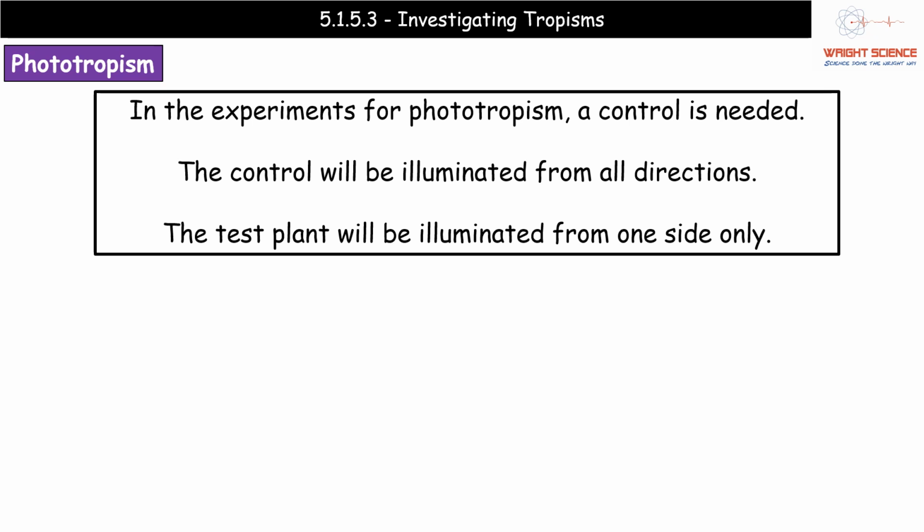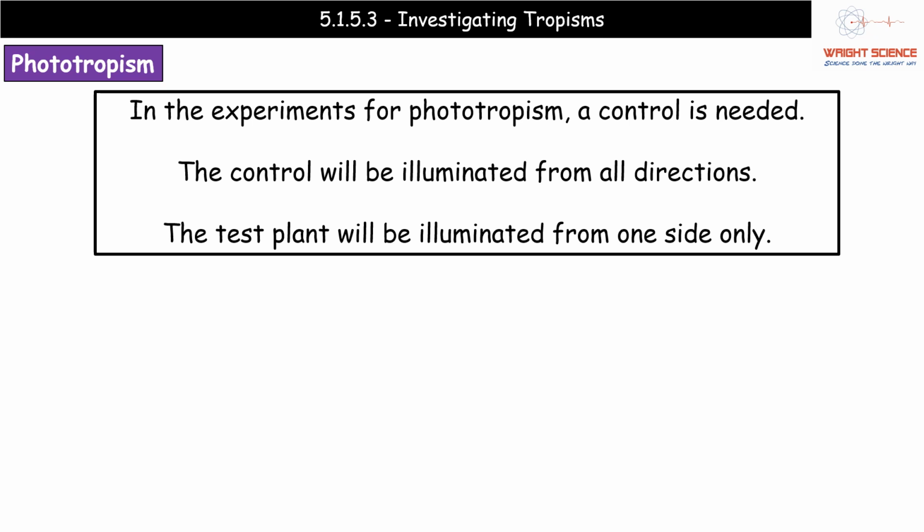So one of the things that we need to understand then are the practicals that you could have been doing in your lab setting in terms of phototropism. And one of the questions that does come up quite frequently in regards to those practical skills is a control. So if you're doing a phototropism experiment, you would need your control alongside your test subjects.